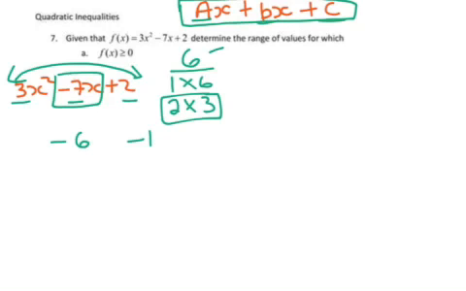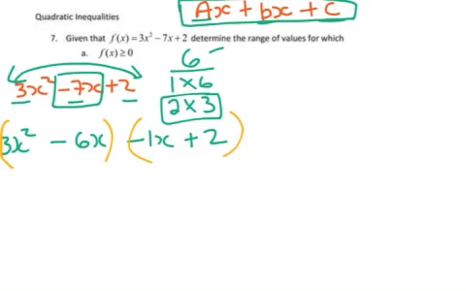Minus 6x, 3x squared, minus 1x plus 2. Alright, and we just put these in parentheses and we factor.